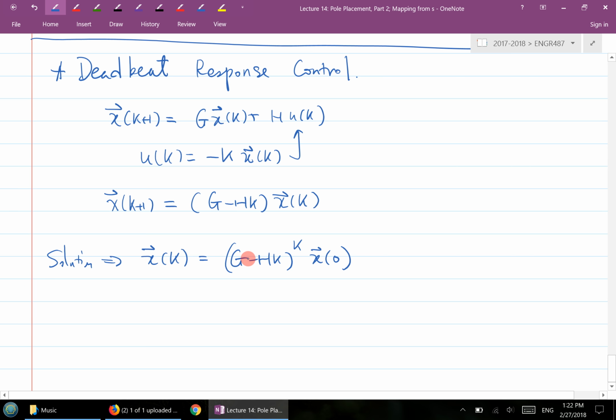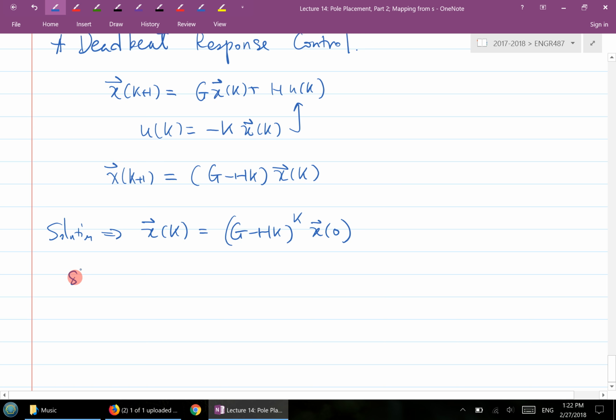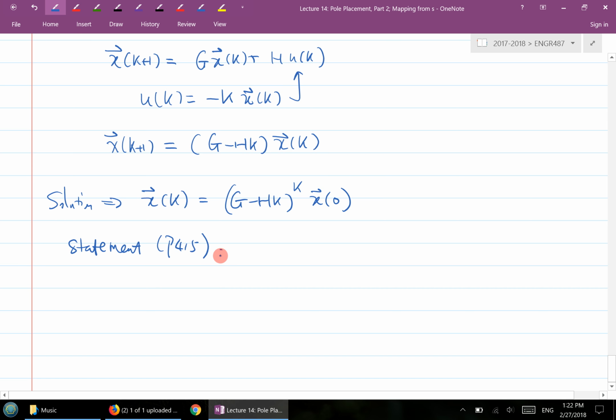Here's a statement, and you can check page 415 for a more rigorous and detailed version. What I've put here is a very simple statement. It says it's definitely possible to get the so-called deadbeat response.